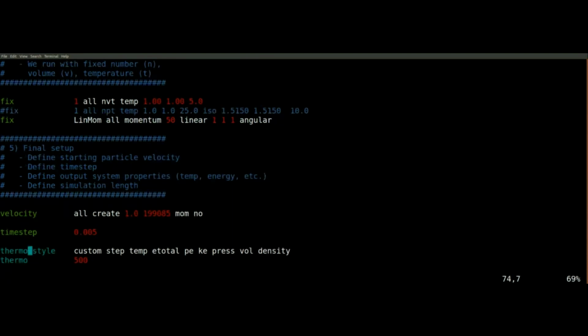The next thing we have is the thermo style. As you saw when I first ran the simulation at the start of the session on my local system, there were a number of columns being output.